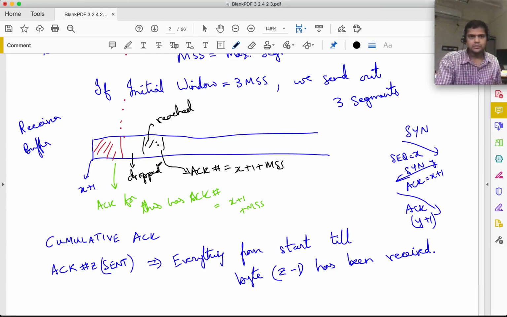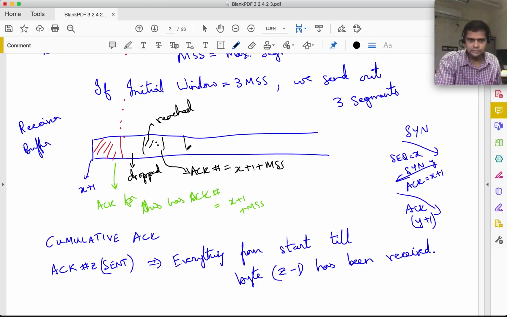Okay, so if there's a missing packet somewhere because it's dropped, or maybe it could be delayed for some reason, in that particular case I will still send acknowledgements. I'll keep sending acknowledgements for every received segment, but I will include the acknowledgement number only up to the maximum location in this buffer where I have received everything before it, where there is no missing information.